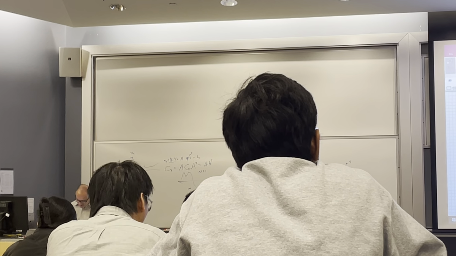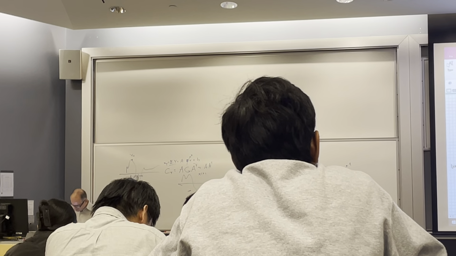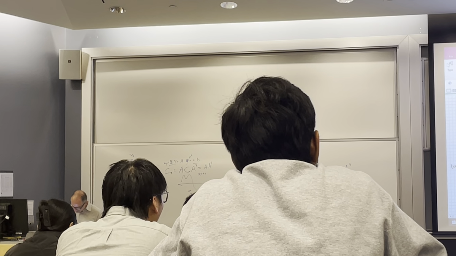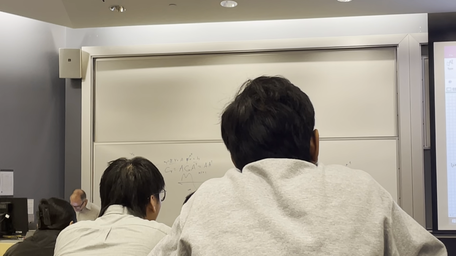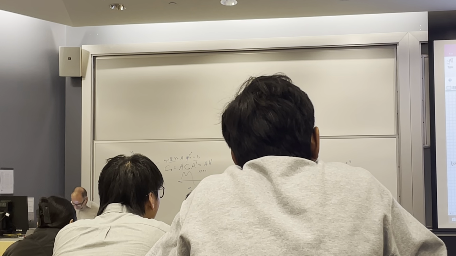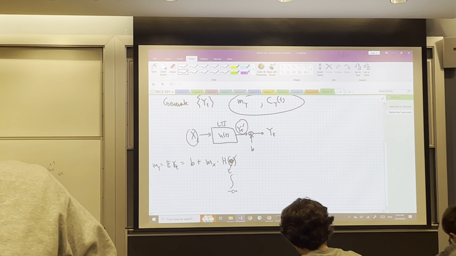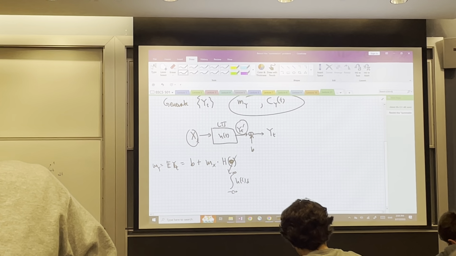What is the mean of y of t? We want it to be my, right? But the mean of y of t, by definition, is b plus the mean of that. But the mean of that is the mean of x, mx, times h of 0, which is nothing else but the integral from minus infinity to infinity of h of t dt.